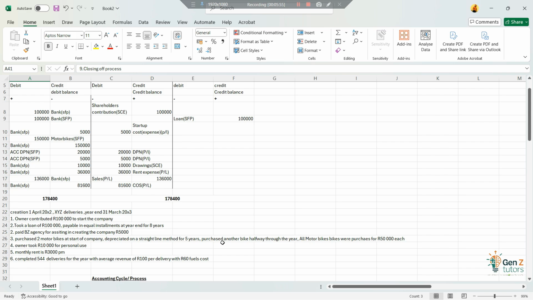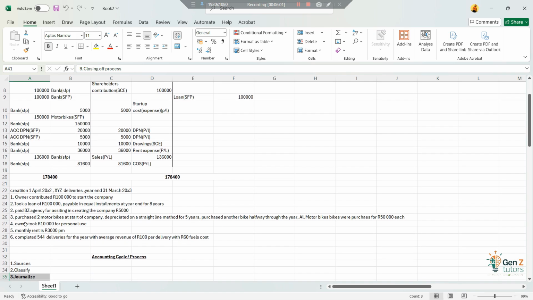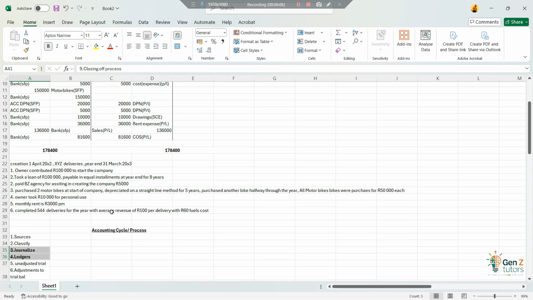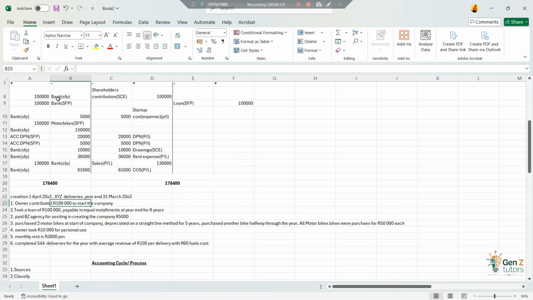All these motorbikes were purchased for 50,000. Then the owner took 10,000 for personal use, and the monthly rent is 3,000 every month. Then we completed 544 deliveries for the year with an average revenue of 100 rand per delivery with 60 rand average fuel cost, right? So now let's start with the first transaction, which we actually already did here.